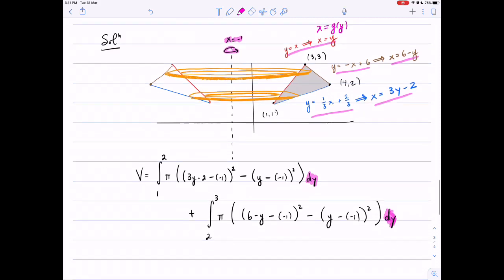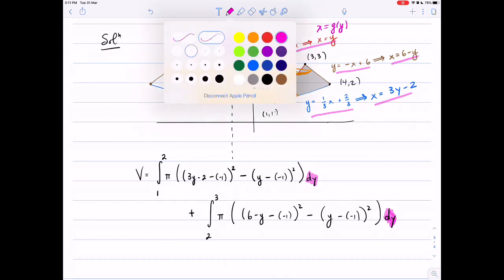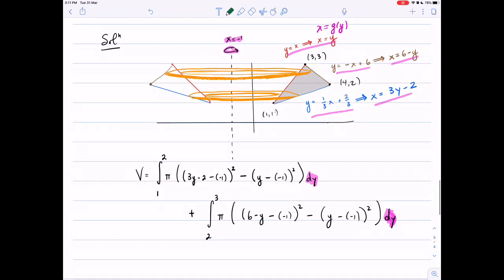So I do this and I see that depending on where our rectangles are drawn in the solid, there are different boundary curves. In the first part of the region, from here up until here, the boundary curve on the right is 3y minus 2.